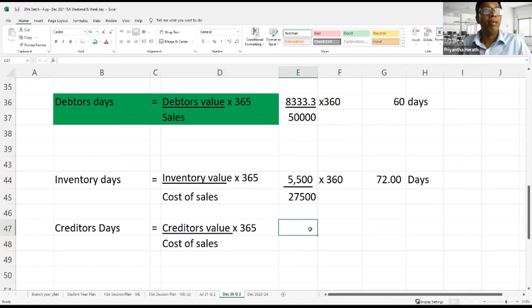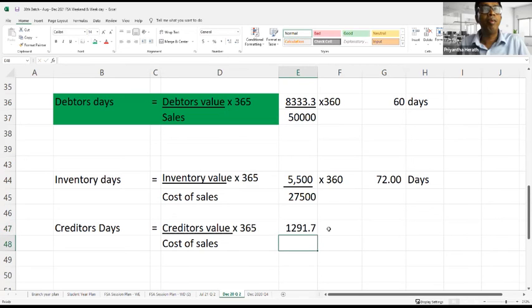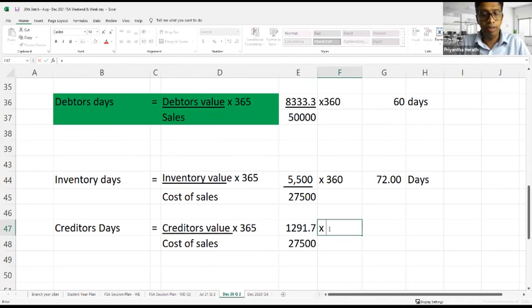Okay, creditors value 2,291.7. And cost of sales 27,500 and into 360.